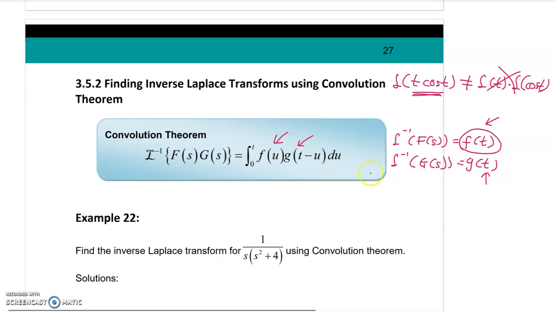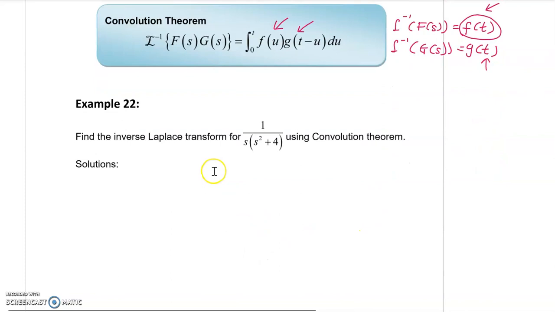In example 22, the question states: find the inverse Laplace transform for 1 over s times (s squared plus 4) using the convolution theorem. So we want to get the inverse of 1 over s(s squared plus 4).